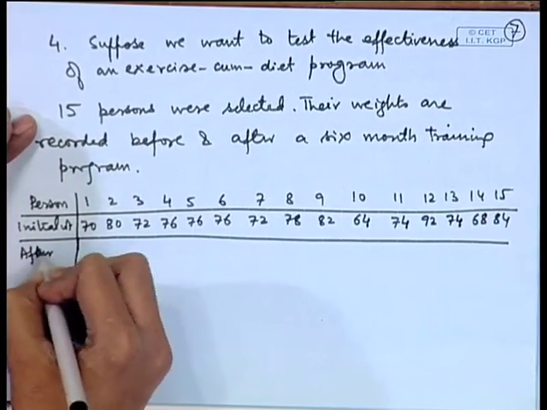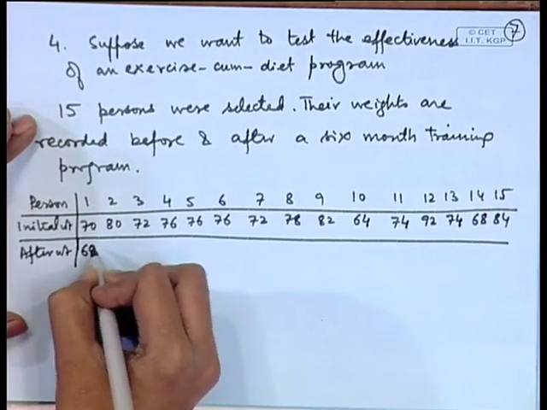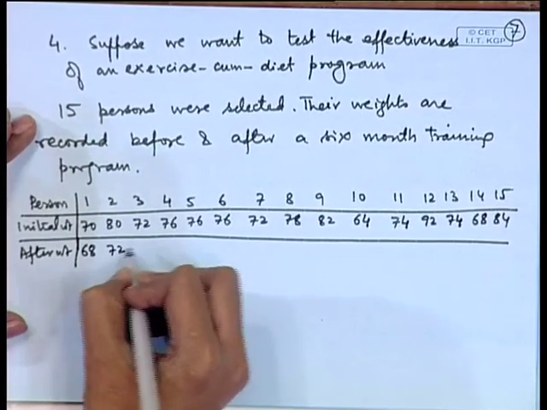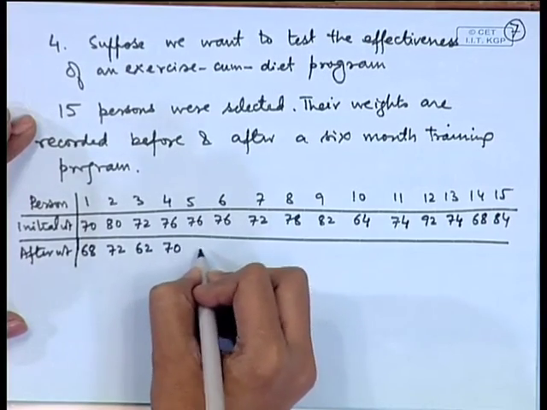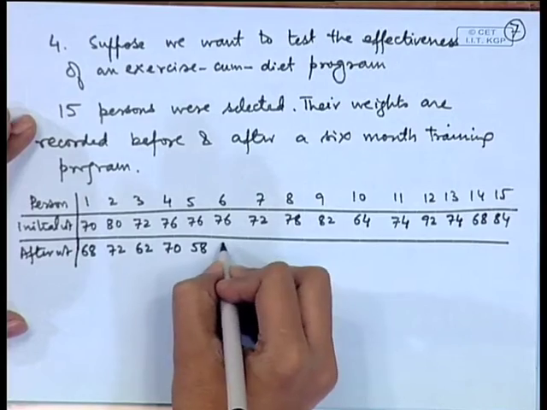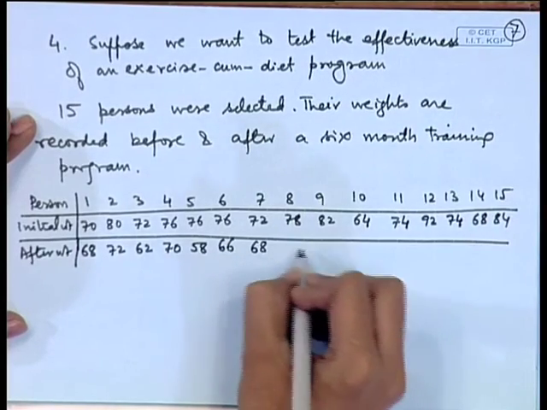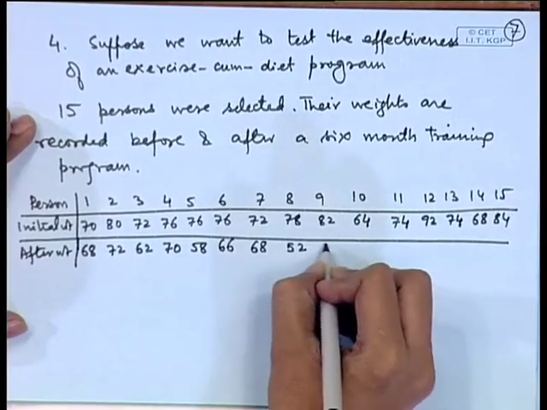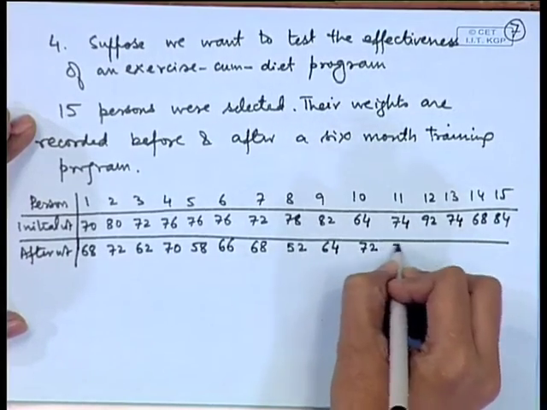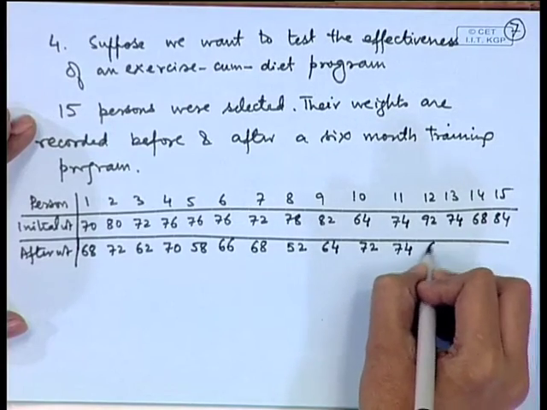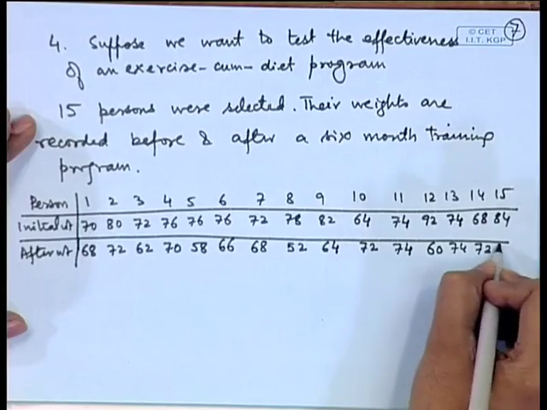After the program is conducted, what is the weight then? 68, 72, 62, 70, 58, 66, 68, 52, 64, 72, 74, 60, 74, 72 and 74.